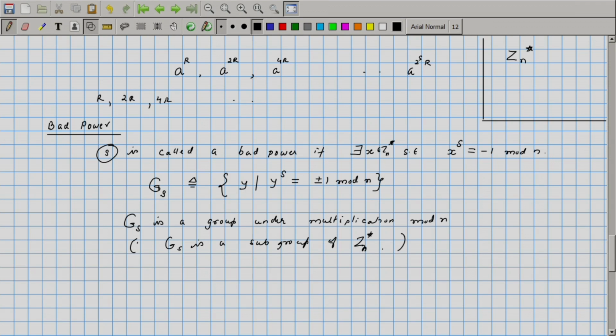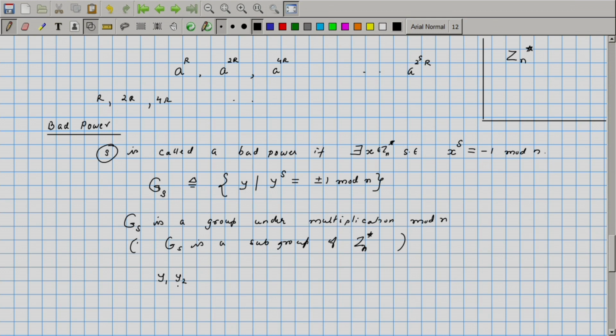You take any two elements in GS. If you multiply them, y1 y2 is the product. Does this belong to GS? GS clearly is a subset of Zn star, because we are looking at only those elements y belonging to Zn star which have this property.